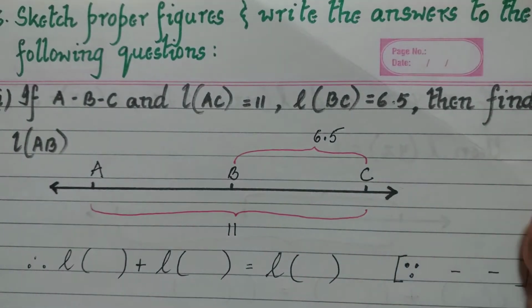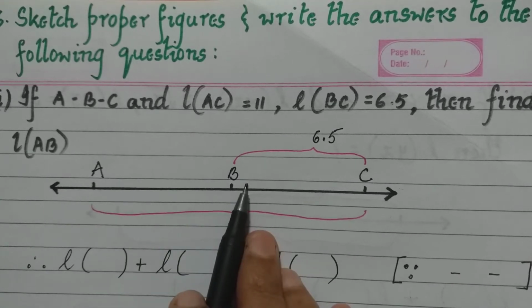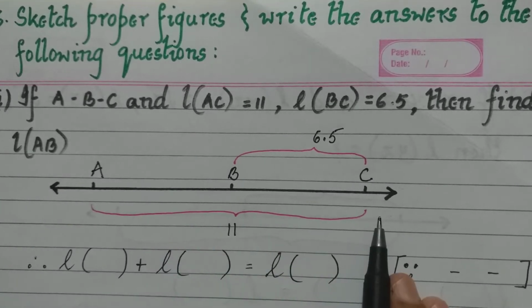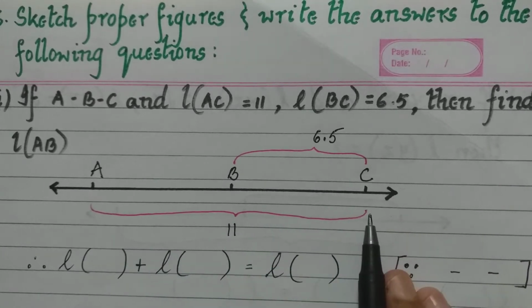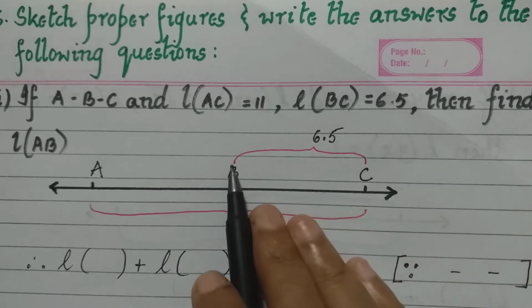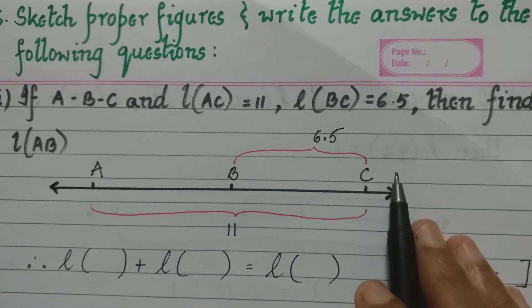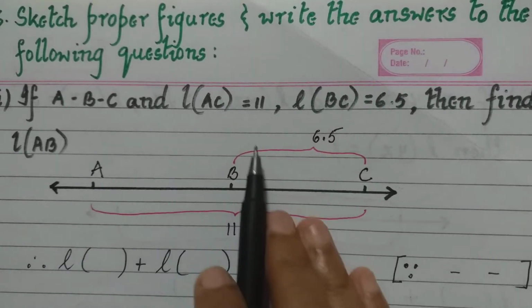6.5. What have they asked us? To find the length of AB. So how will I find this distance? This entire distance minus this distance. What is this entire distance? Length of AC. What is this distance? Length of BC. Okay, so I want to find out length of AB.